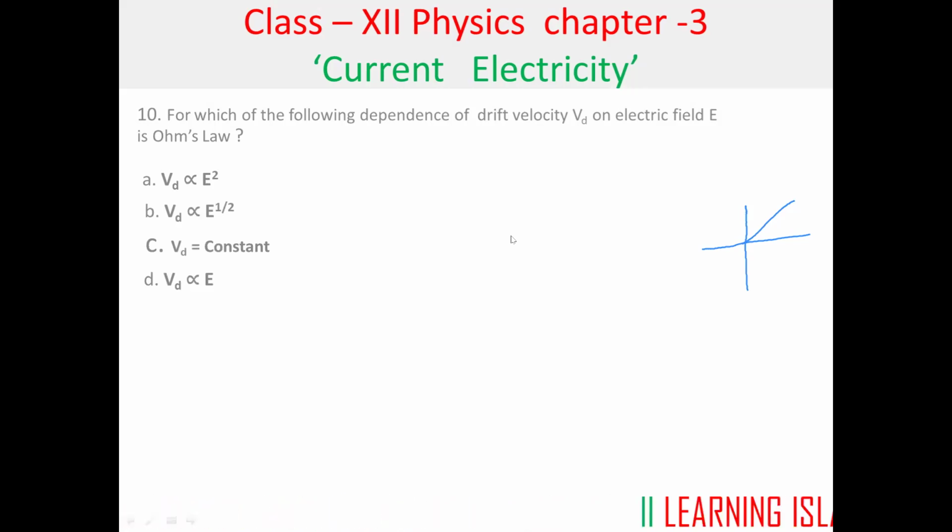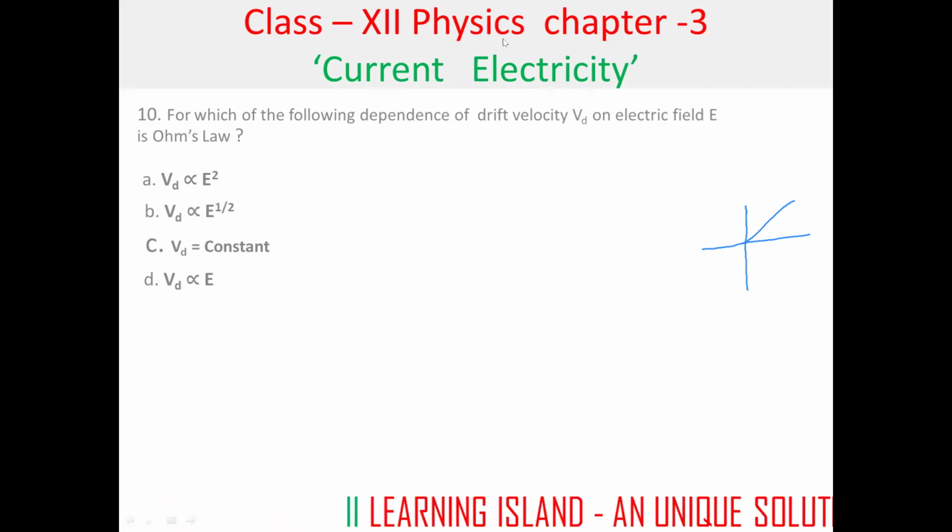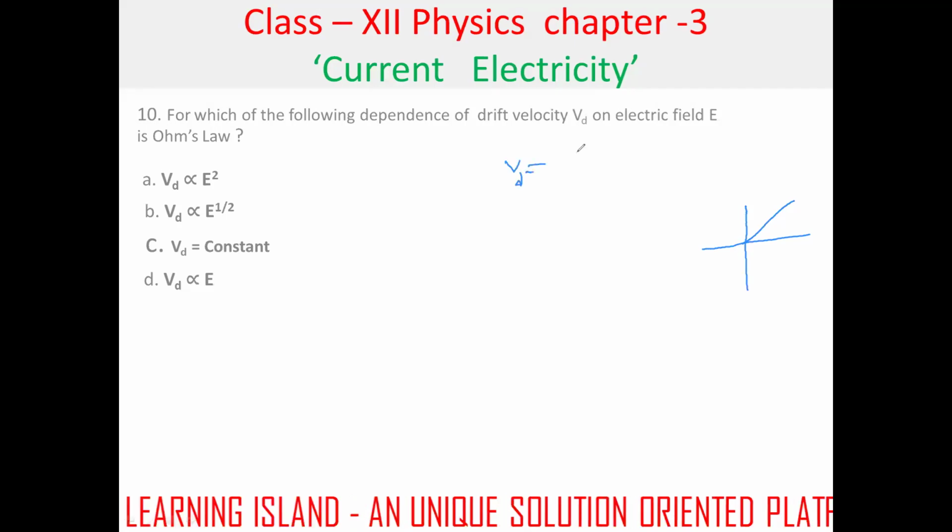Here you see, there is a relationship between Vd, that is drift velocity, equal to eEτ by m, where m is the mass of the electron, e is the charge of the electron, and capital E is the electric field. So the number of electrons is constant, m is constant, the charge of the electron, small e, is constant.